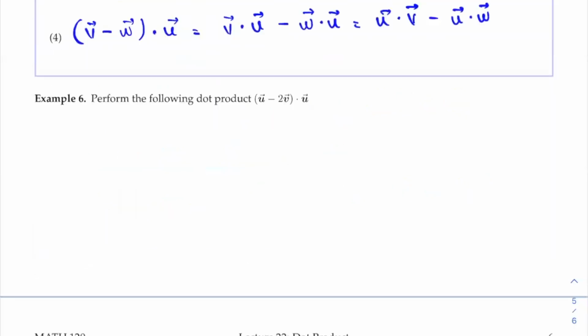We're going to utilize different properties of the dot product to perform the following calculations. For this example 6, you're going to perform the dot product of the expression u minus 2v dot with u. So u minus 2v dot with u gives you u dot with u minus 2v dot with u.